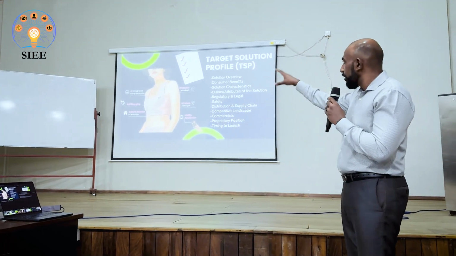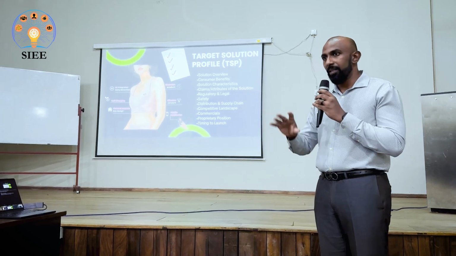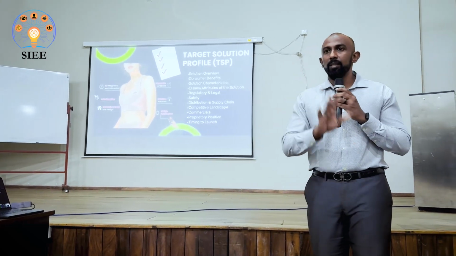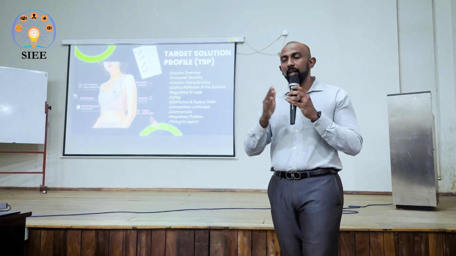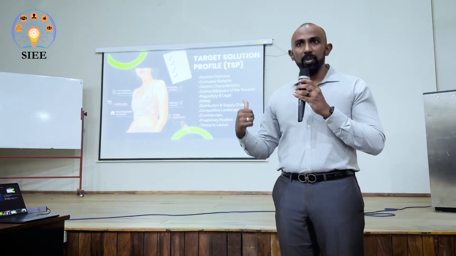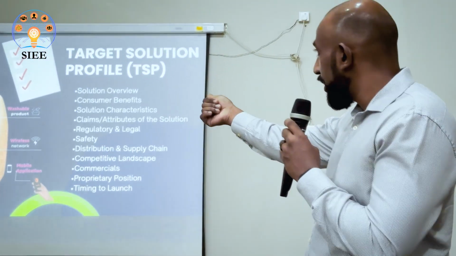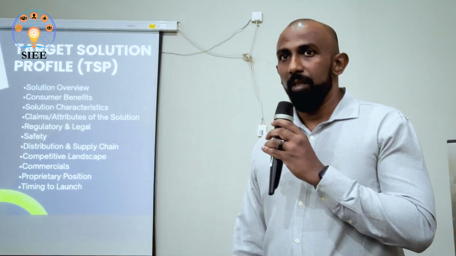Because these are more tech savvy as well, but at the same time, the end user can still understand and match them to her requirements. She asked for a washable product, so we are saying it's a washable product, right?